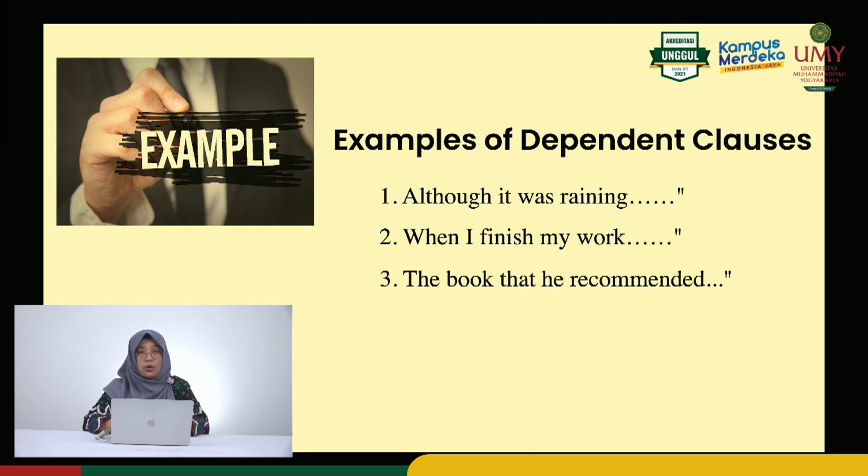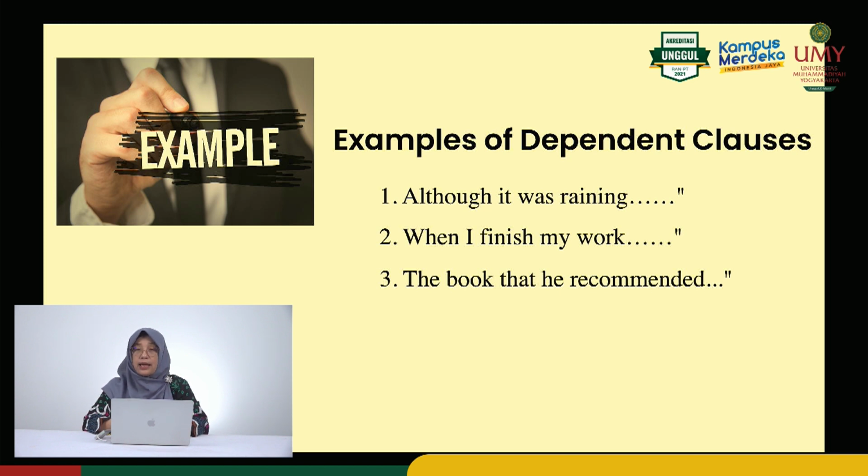The word although is functioning as the connector. And then the second example is, when I finish my work. When I finish my work, if you pay attention, consists of a connector, when. It also consists of a subject, I, and it also consists of a verb, finish.